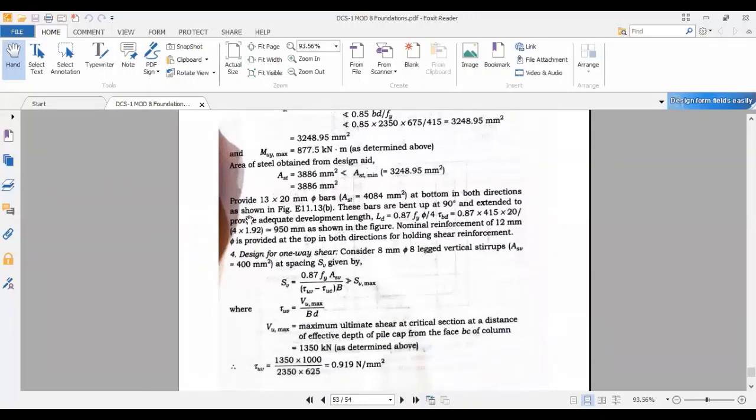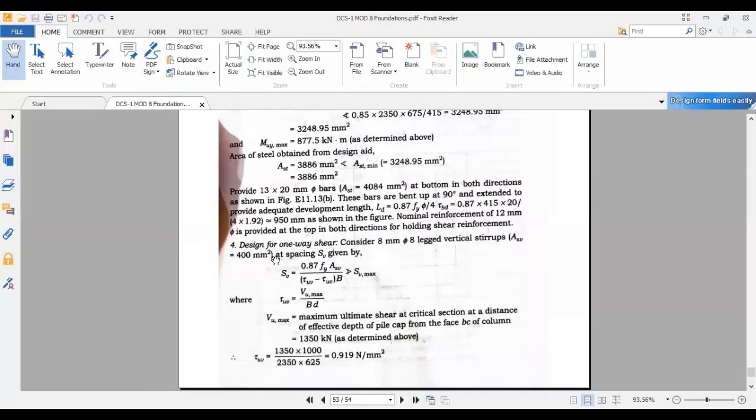So we'll provide 13 bars of 20 mm dia, and it gives an actual AST of 4084 mm square at bottom in both directions as shown in figure.